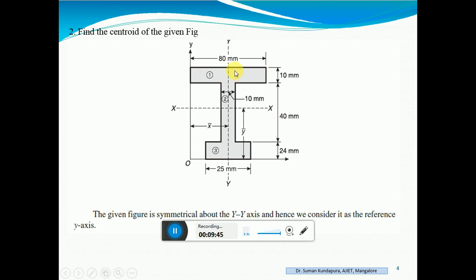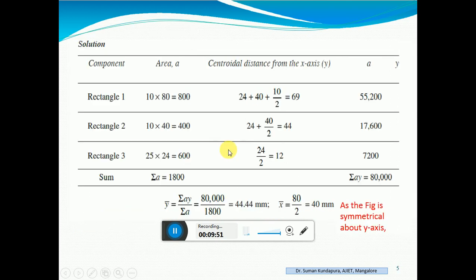So, x bar I can directly write as 80 divided by 2, which is 40 mm. As in the figure, it is symmetrical about the y-axis, so no need of working out for x bar. In the previous problem also it was a similar case, but still we worked it out to confirm whether both are the same. Okay. Now let us move on to each rectangle component.